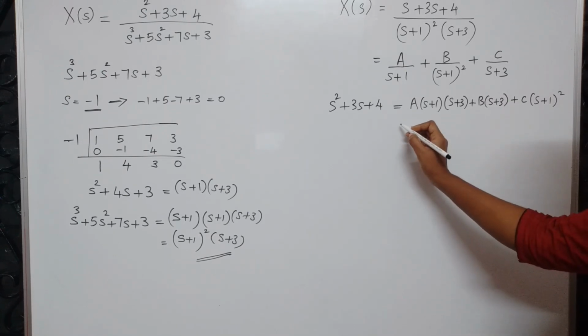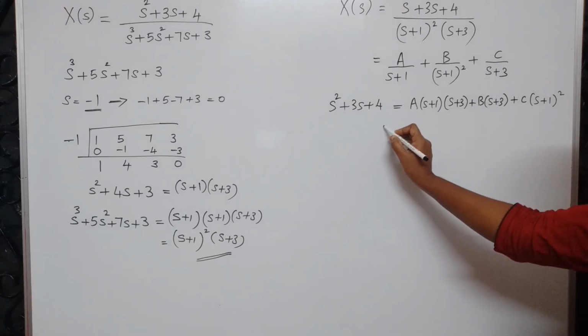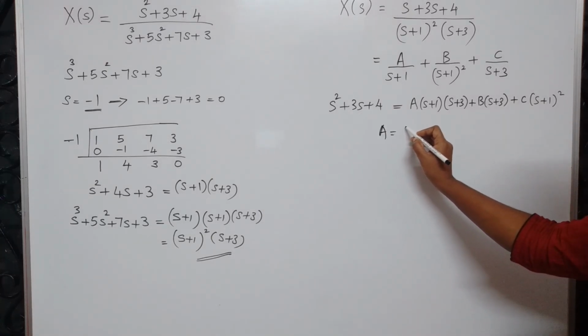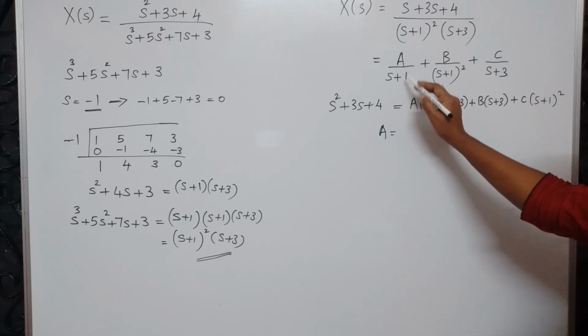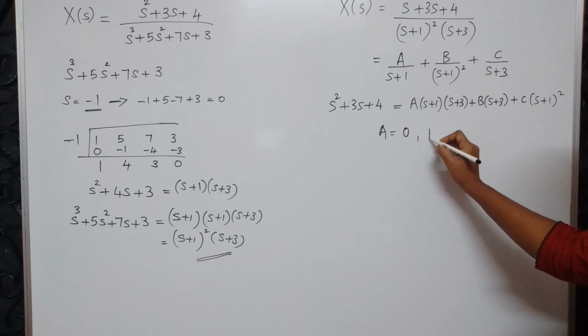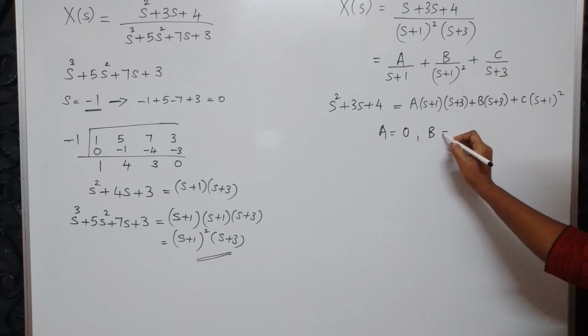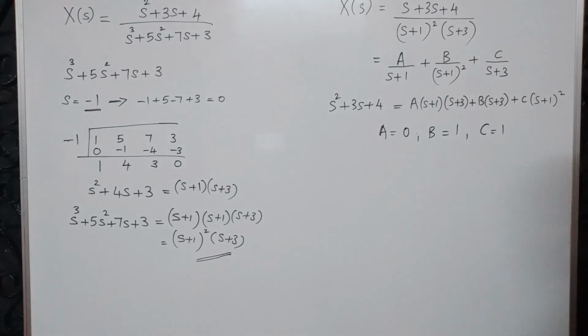We can expand this and compare the coefficients and find out the values of a, b and c. We will get a equal to 0, b equal to 1 and c also equal to 1.